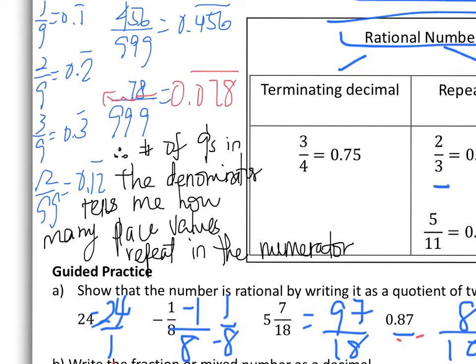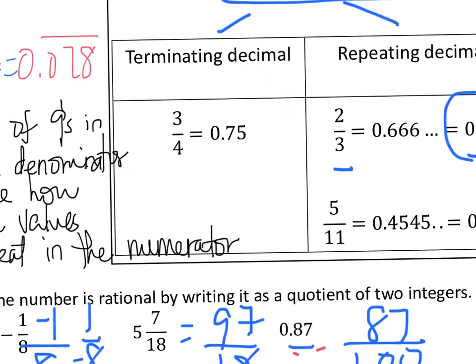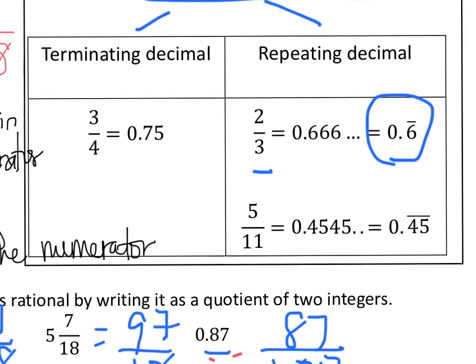So let's take a look at this example, 2/3. Times 3 over 3, I would get what? 6 over 9. I got 1 nine in the denominator, so my repeating decimal will be 0.6 repeating.